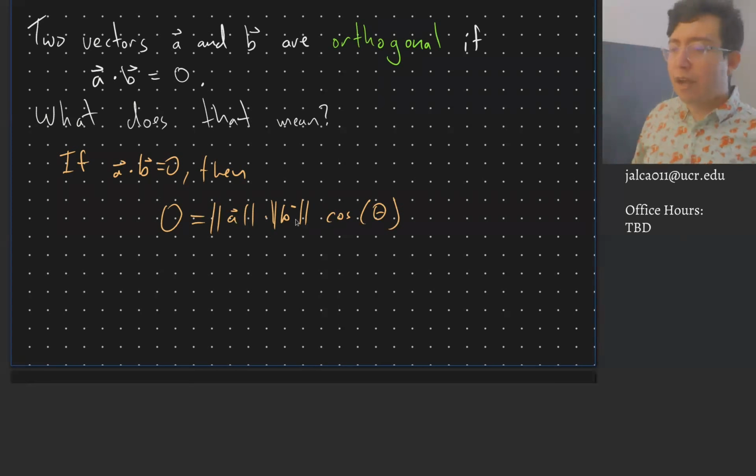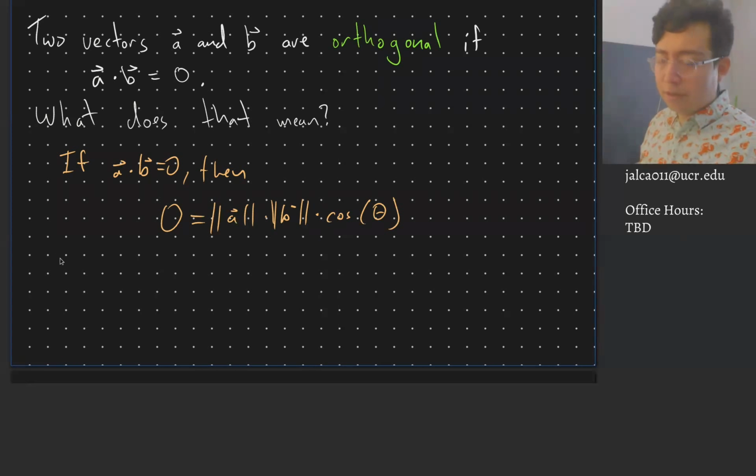So now if we're multiplying a bunch of things and getting 0, then one of the things we're multiplying has to be 0. So maybe one of these vectors is 0 or has length 0. So one of these things happens, which is not super interesting, right?